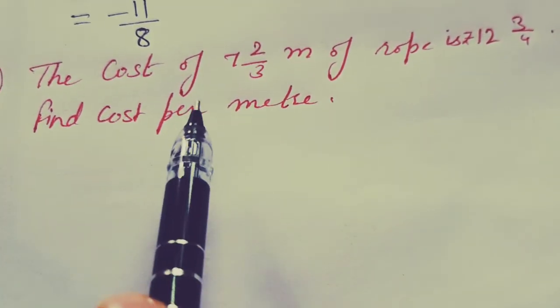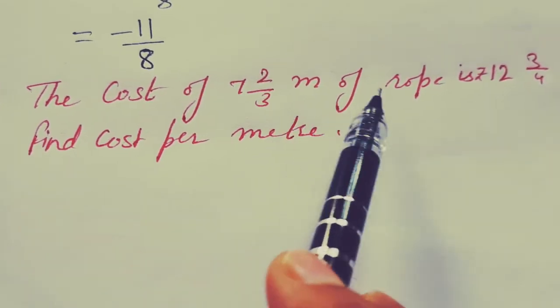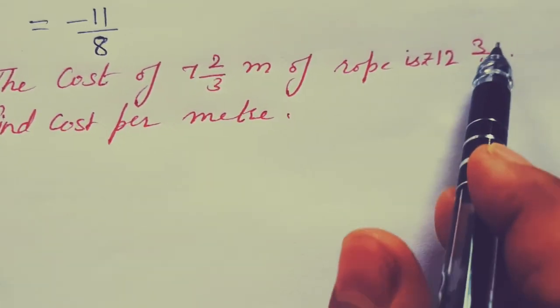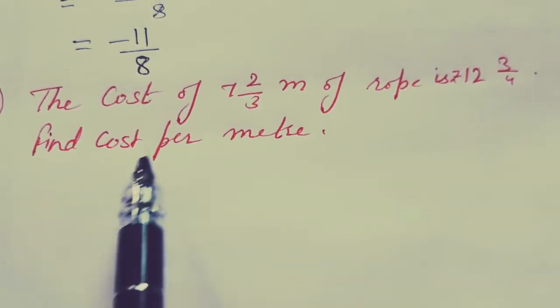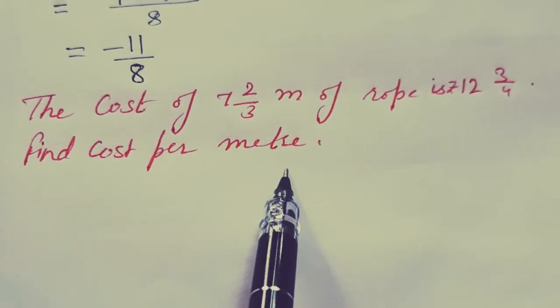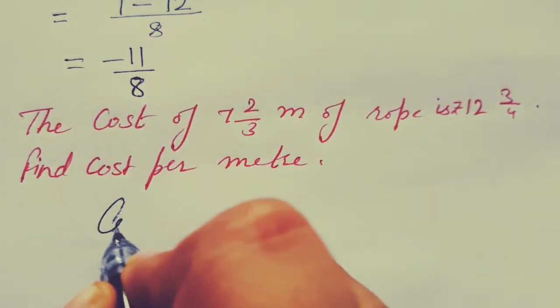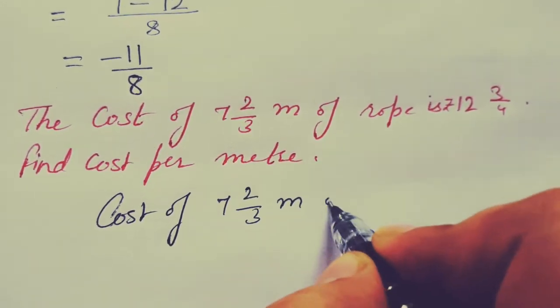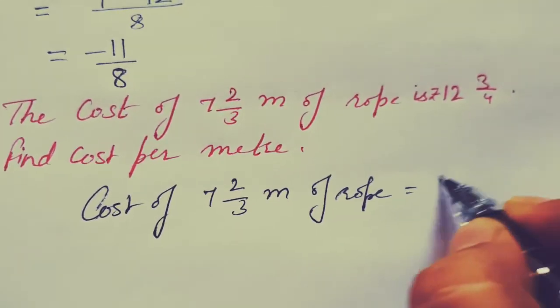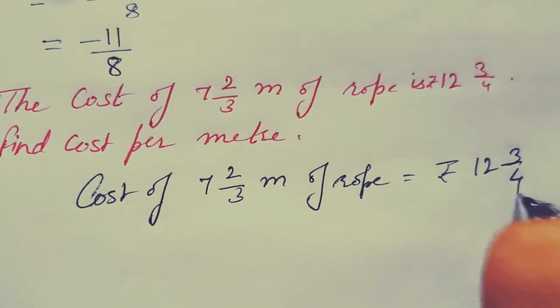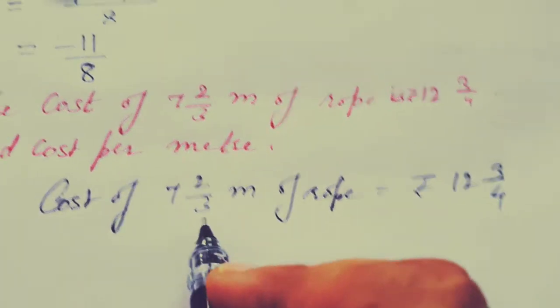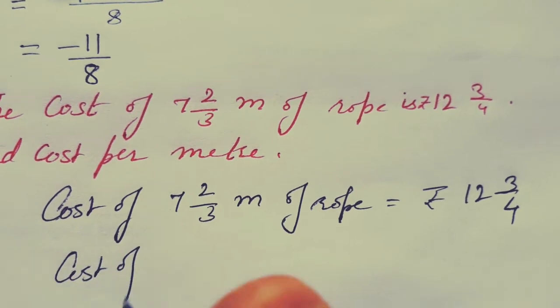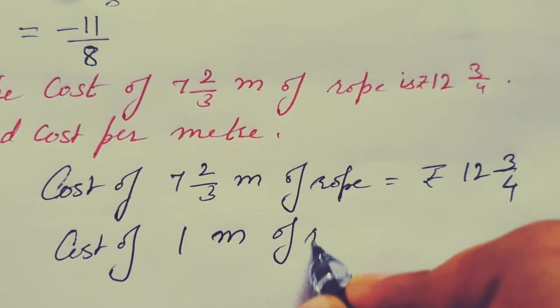Next is: the cost of 7 and 2 by 3 meter of rope is rupees 12 and 3 by 4. Then find the cost per meter. So we know the cost of 7 and 2 by 3 meter of rope is rupees 12 and 3 by 4. So we want to find out the cost of 1 meter of rope.